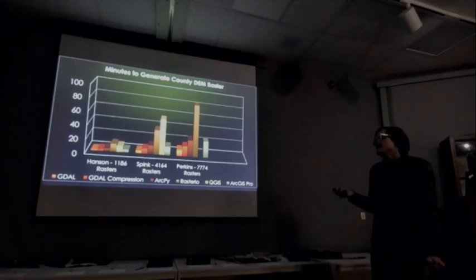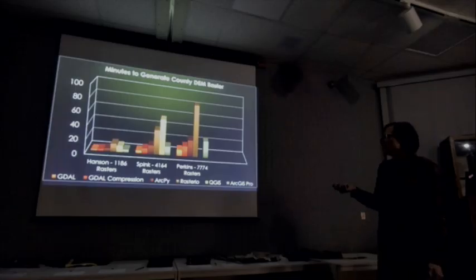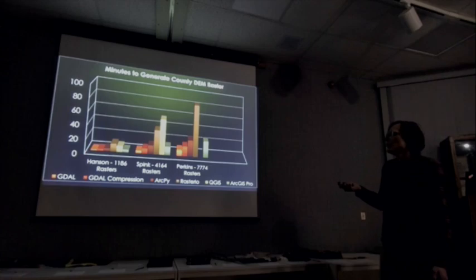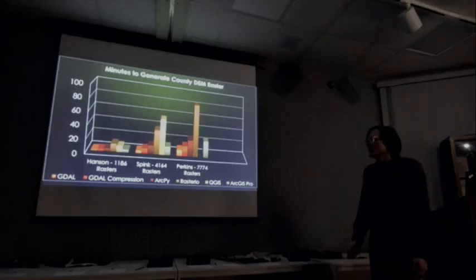And that package produced rasters the quickest by far. I couldn't believe it when this raster for Hanson County was kicked out. I think it processed it in 30 seconds.